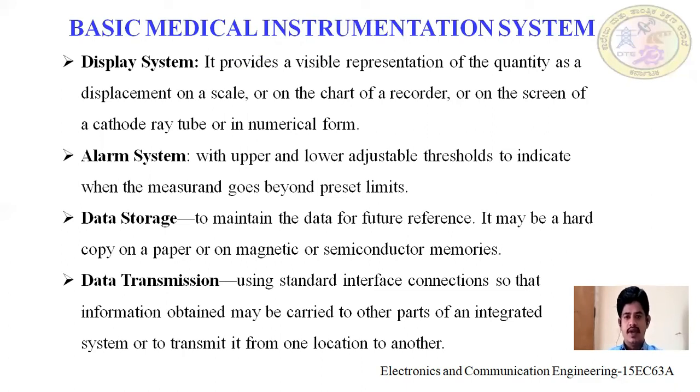It may be displayed on a scale, meaning it will show the quantity in a range, or on a chart of a recorder, or on the CRT screen. We know how we observe waveforms on CRTs. Similarly, here the display system may use the CRT to show the waveforms. Sometimes it will also use a numerical display. If it has to show the values in terms of numbers, then it will use the numerical representation.